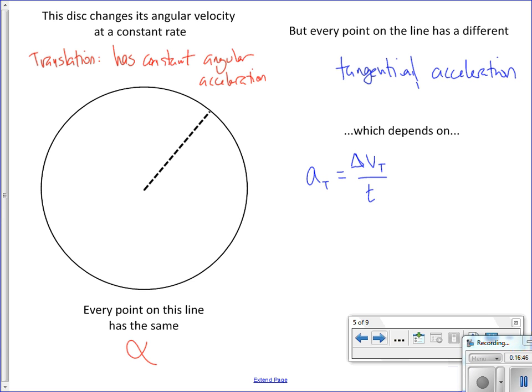Well, almost any acceleration. You'll see what I mean in a minute. We just look at the rate of change of velocity, which we can write as Vt minus Vt naught over t. Well, how do we write tangential velocity? Remember from a couple of pages ago, that's r omega minus r omega naught over t.